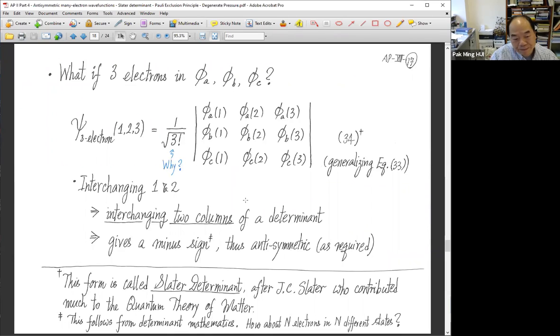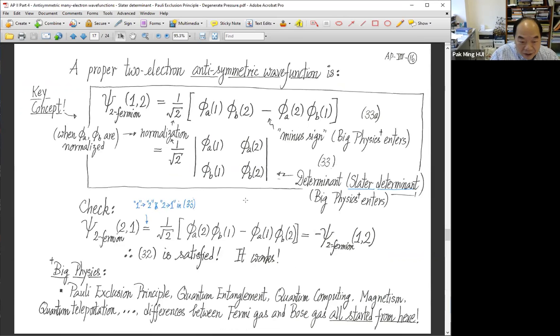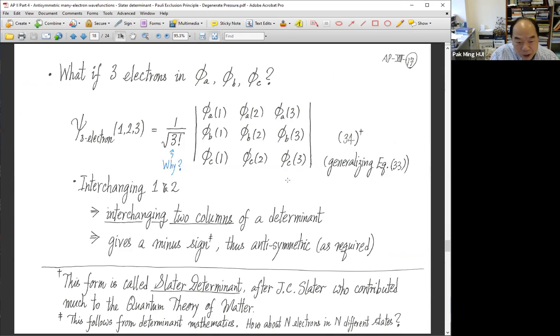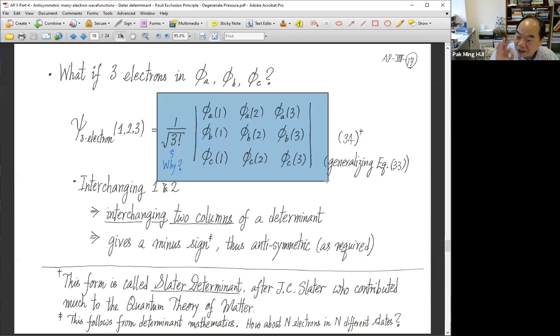For example, if we have 3 electrons in 3 different states A, B, C, following this idea, we could write down a 3 electron wave function that is guaranteed to be antisymmetric.